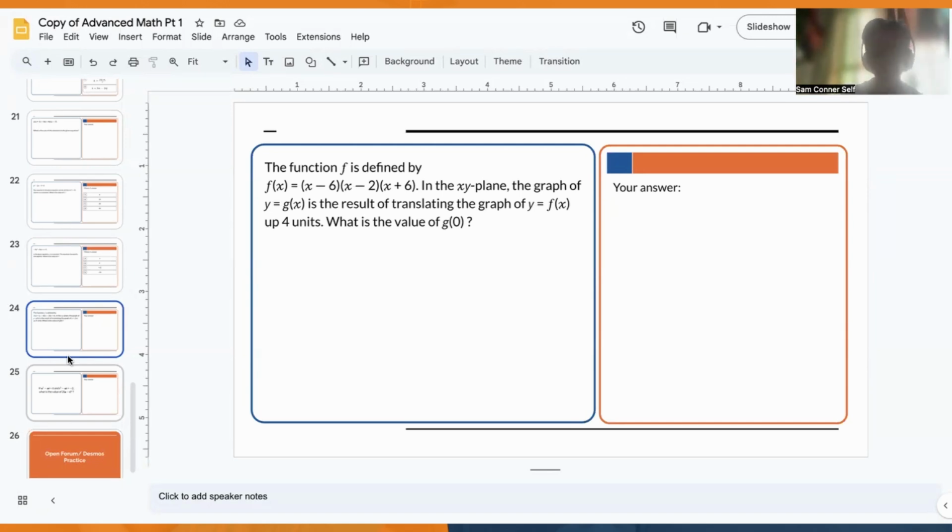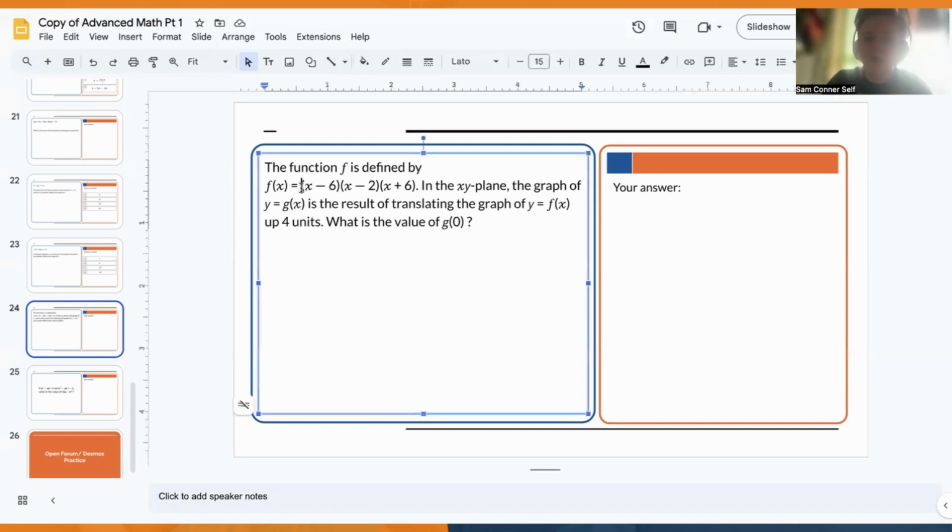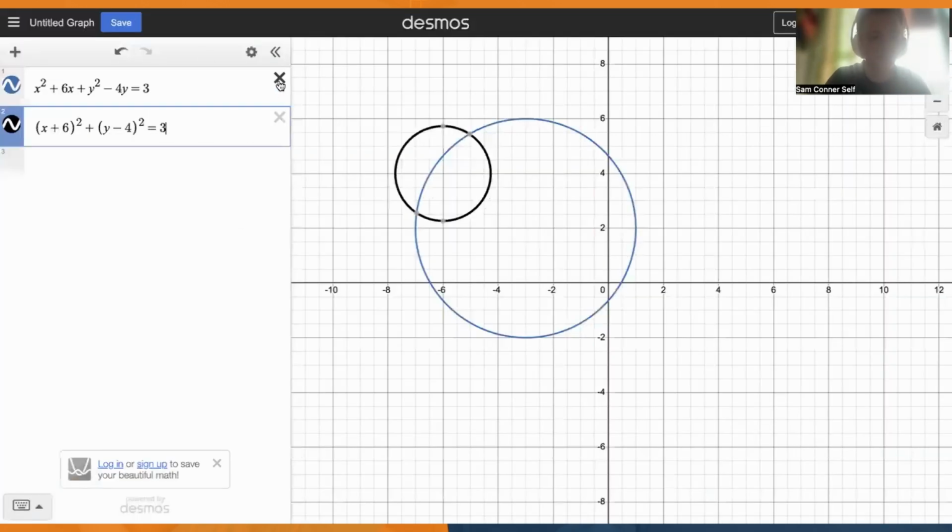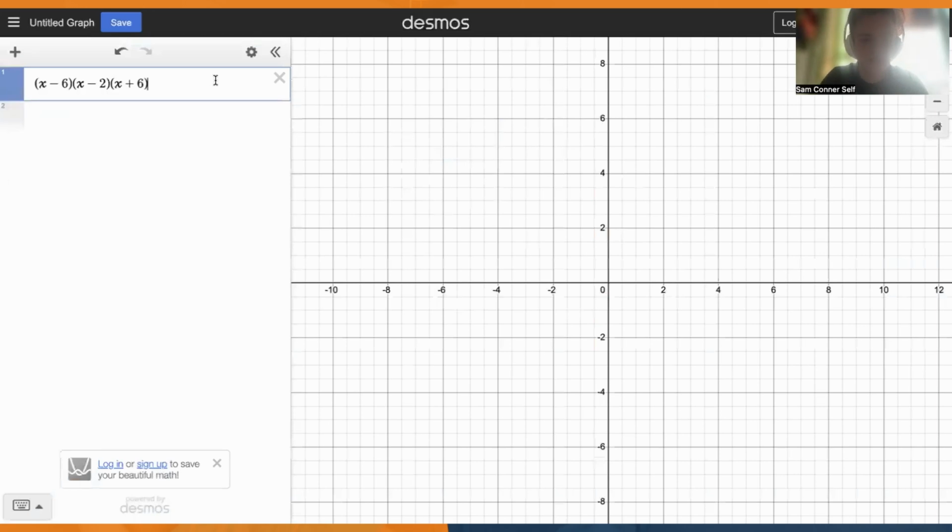And then they ask, what is the value of g of 0? My first instinct is they're talking about translating it in the xy plane, so on a graph. So I'm going to plug this function into Desmos just to see what they say.